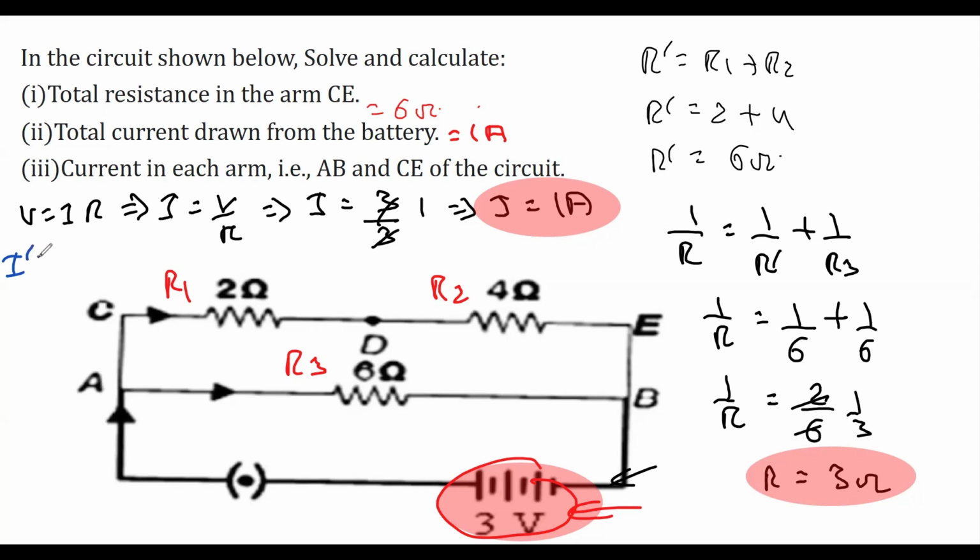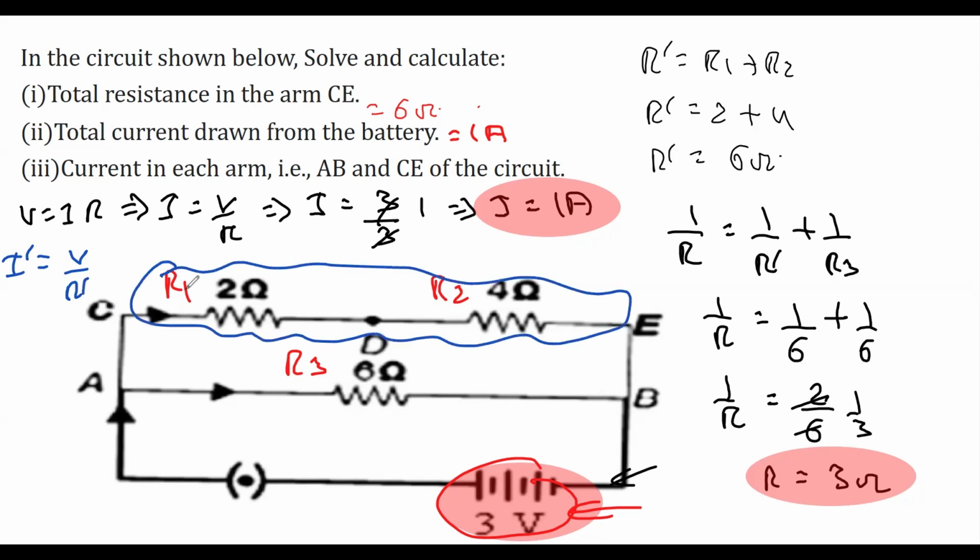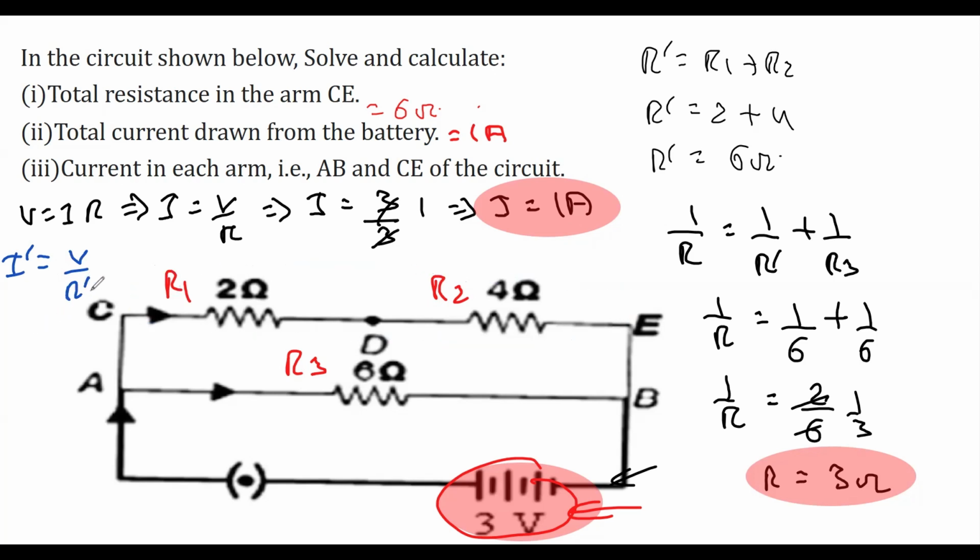Say I dash is equal to V over R dash, because this is R dash. So if I place these values, I dash is V, which is 3 volt, divided by R dash, which is 6. So it comes out to be half ampere, or 0.5 ampere.